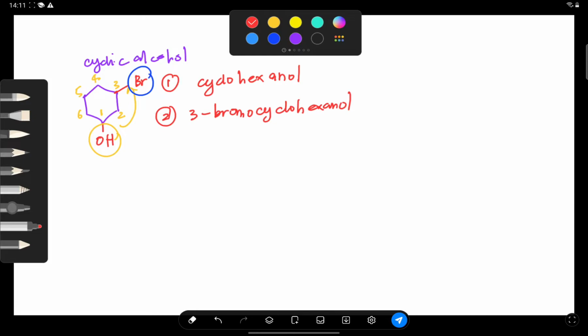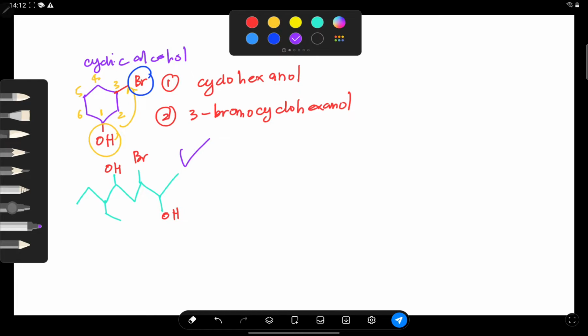I will give you another example, more complicated compared to this structure. Here we call it a skeletal structure. Let's say here you have this. What is the IUPAC naming for this compound?